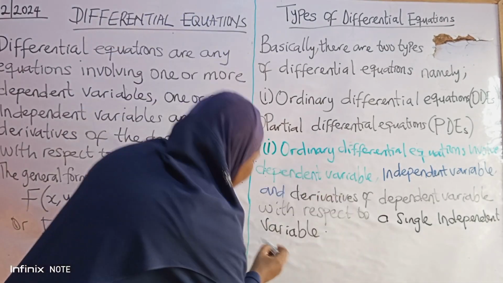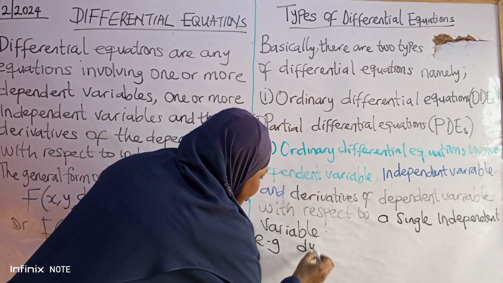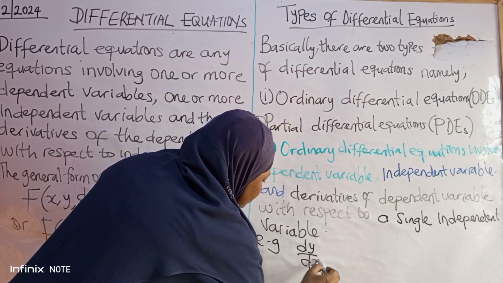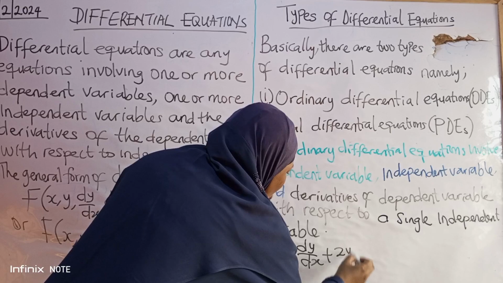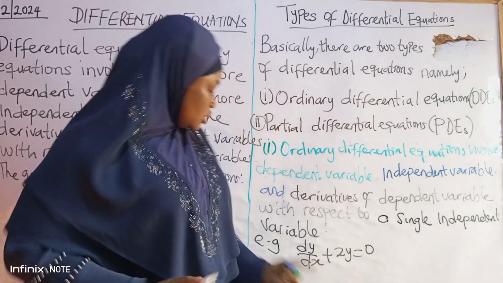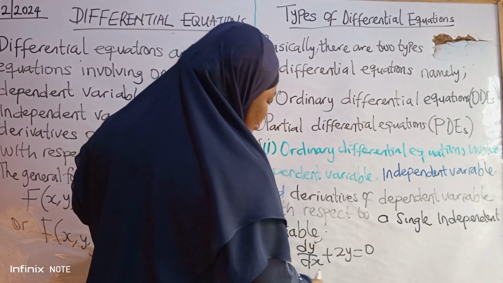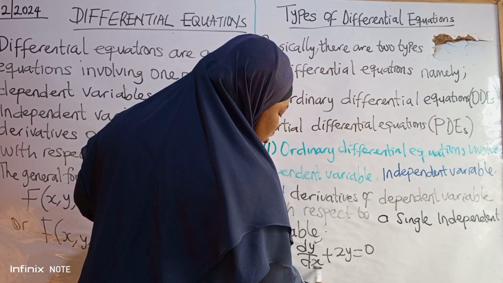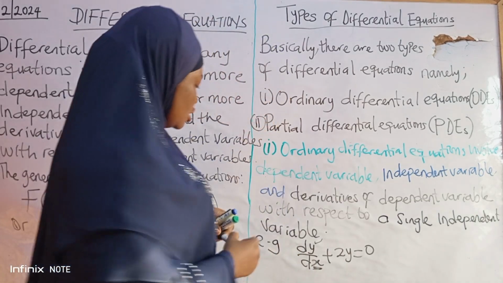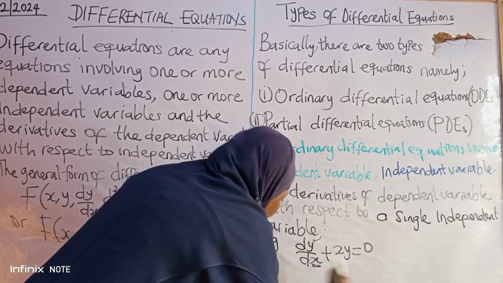So for example, we may have dy/dx plus 2y is equal to 0. This is an ordinary differential equation. So you can see that we have just one dependent variable and just one independent variable. Then we said that the dependent variable can be more than one.